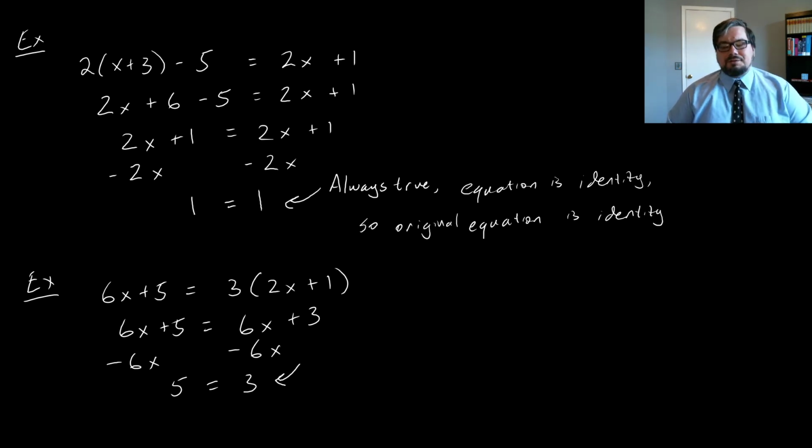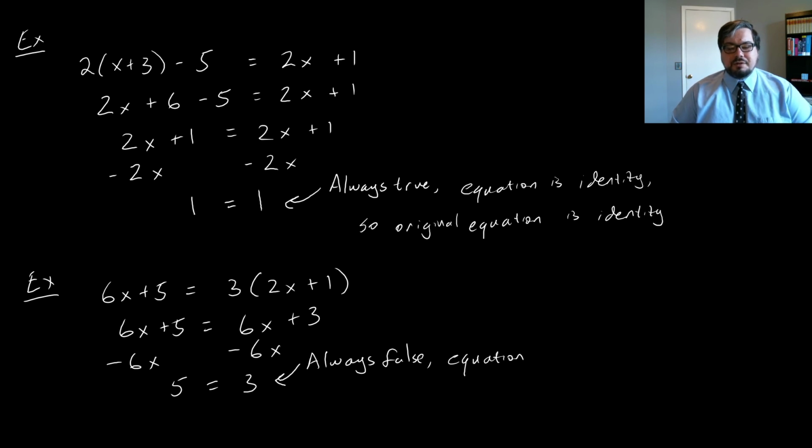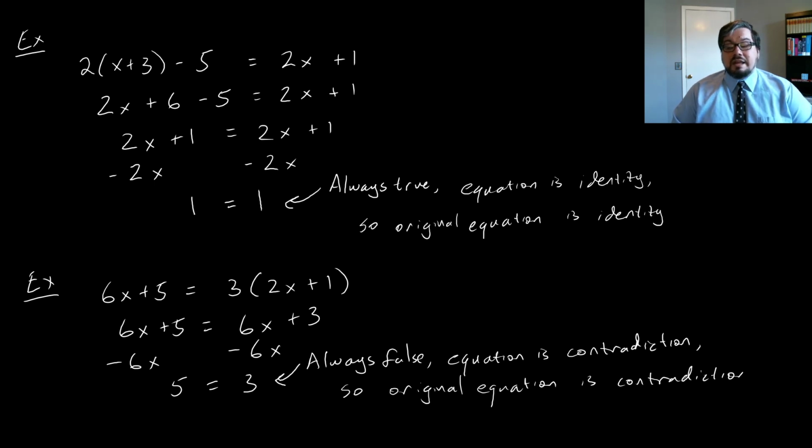It's always false, no matter what. So this is always false, which means that the equation we're looking at is a contradiction. So that means the original equation is a contradiction. In particular, that means that it has no solution.